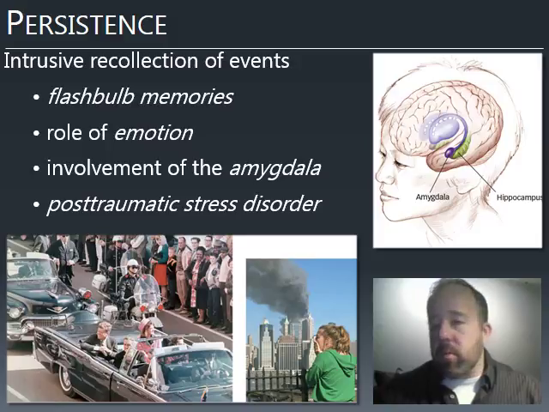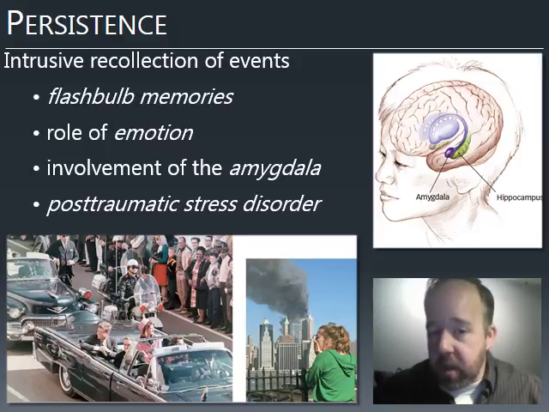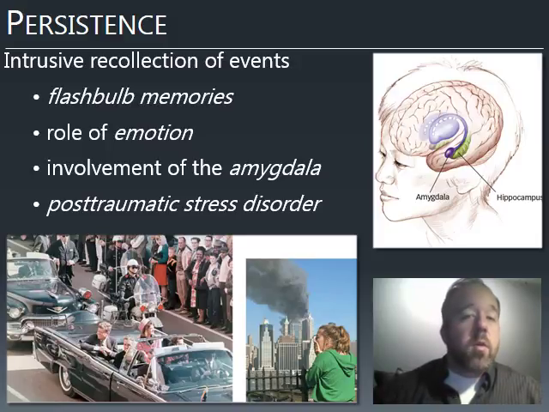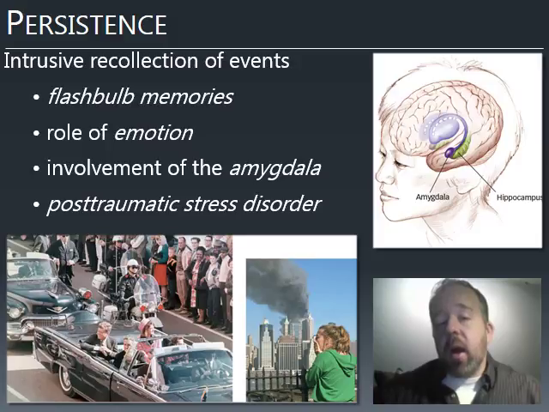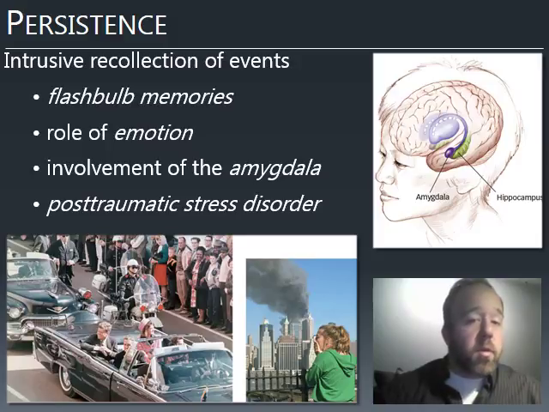However, if you apply a drug that blocks this physiological arousal, there's some evidence that you can also diminish how traumatic that memory becomes. So all of these have to do with arousal and the emotional state of the person when the event is witnessed. And again, these memories can be intrusive. You can have more recollection of them than you really want.